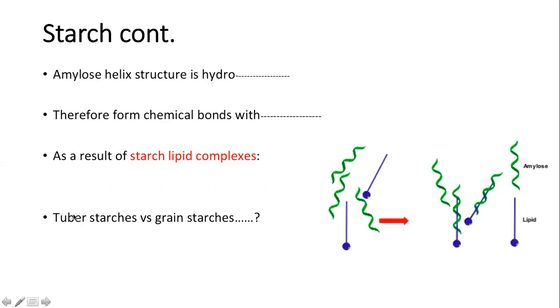It's a higher temperature. Tuber starches versus grain starches. So what are the differences between tuber starches and grain starches, right? You can get the reference values for amylose and amylopectin and its protein content, its fat content, right? You can refer to these details on the internet.